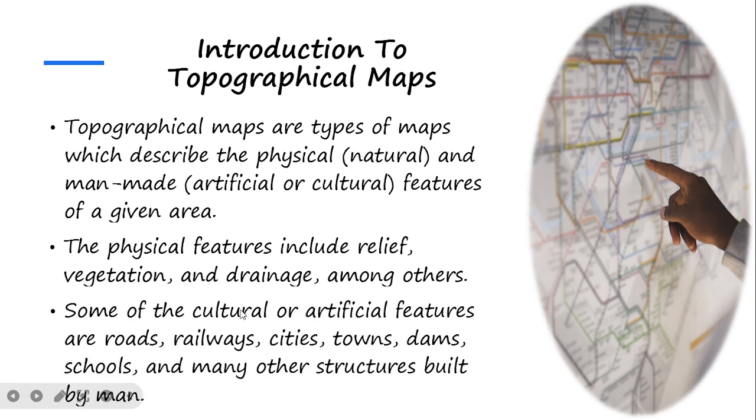When we talk about the cultural or artificial features, we are talking about man-made features such as roads, railways, cities, towns, dams, schools, and many other structures built by man. So basically, seeing these two, we cover the topographical maps.